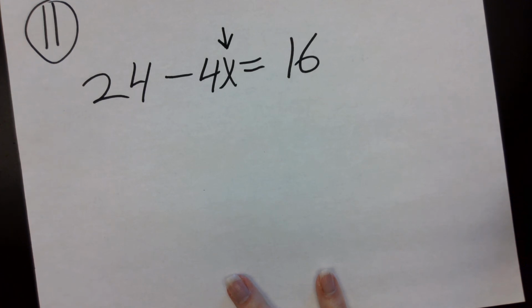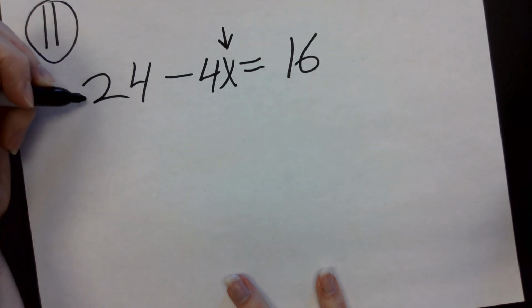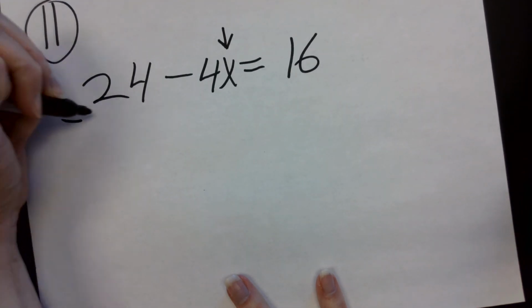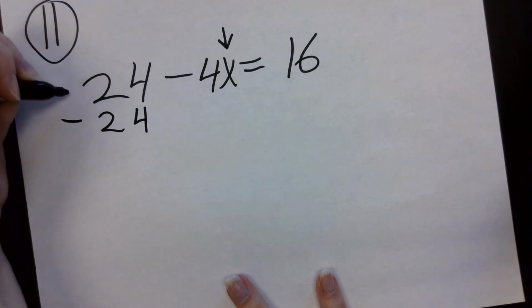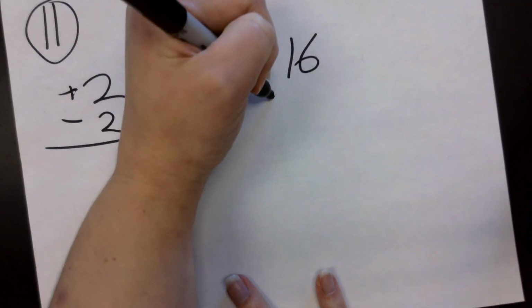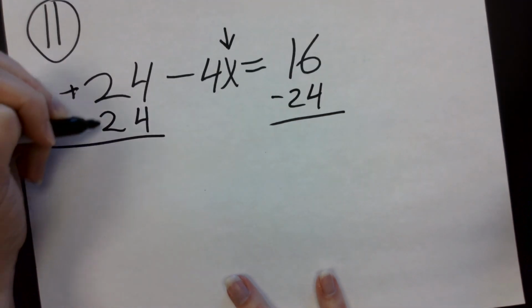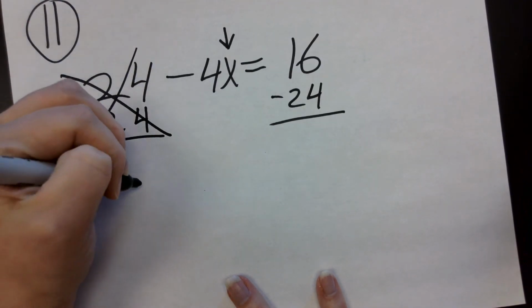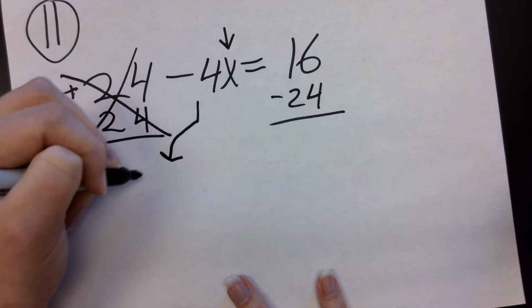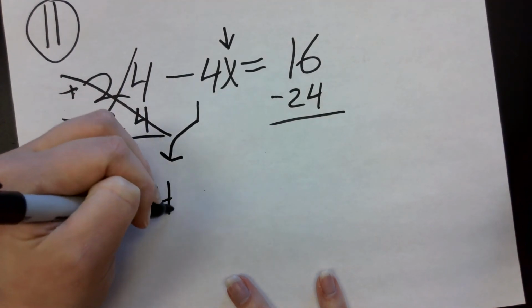So to get it all by itself, we got to get rid of the stuff that's not including x, so we got to get rid of 24. So we minus that out since this is a positive. So that gets rid of that. Negative 4x comes down here.